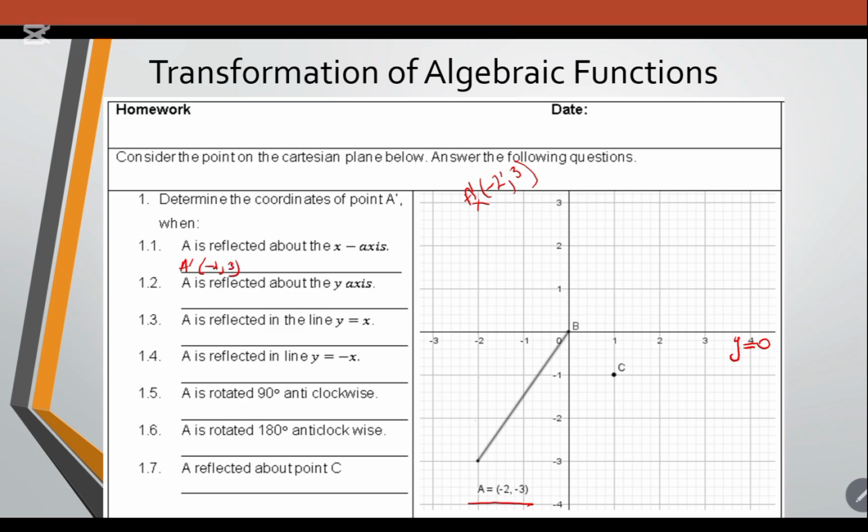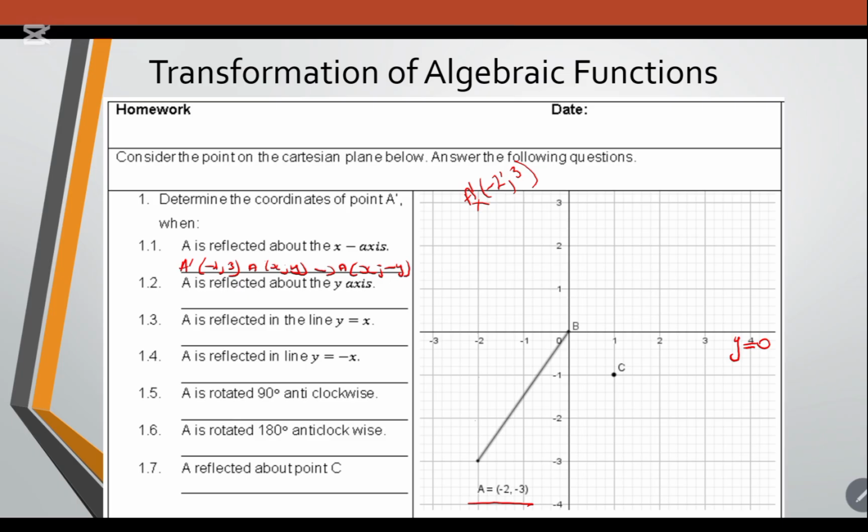So what happened basically, if A is the algebraic expression x and y, what will be the A prime algebraically? A prime will therefore be x and negative y. So the only thing that has changed is the value of y, and it has only changed the sign. So basically the rule becomes x and negative y.